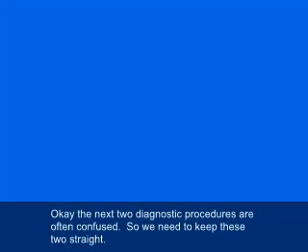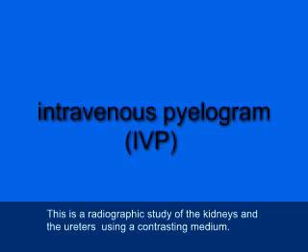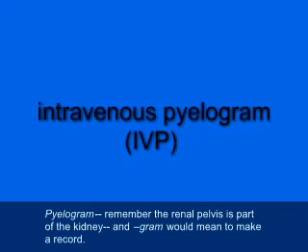Okay, the next two diagnostic procedures are often confused, so we need to keep these two straight. The first one is an intravenous pyelogram. This is a radiographic study of the kidneys and the ureters using a contrast medium.